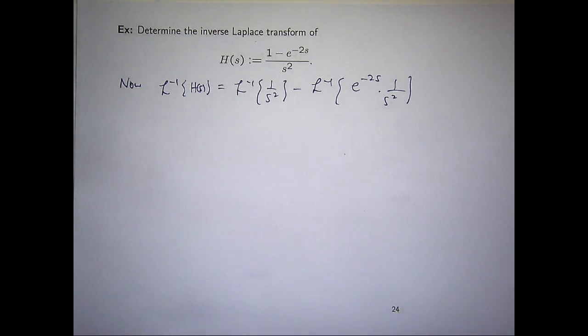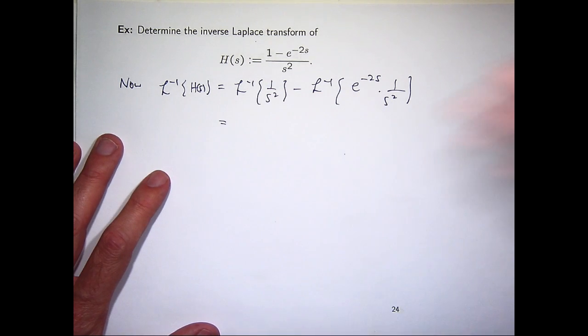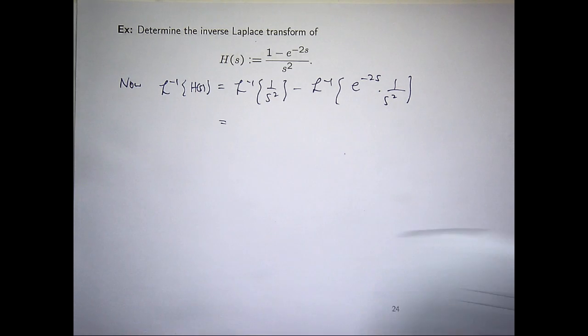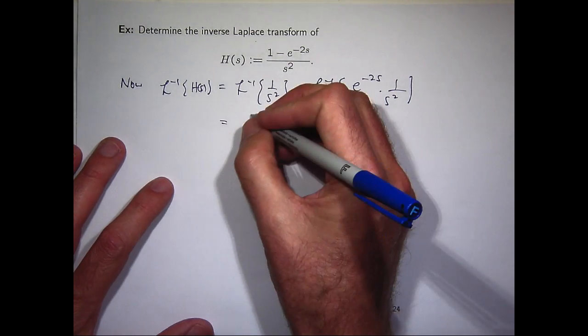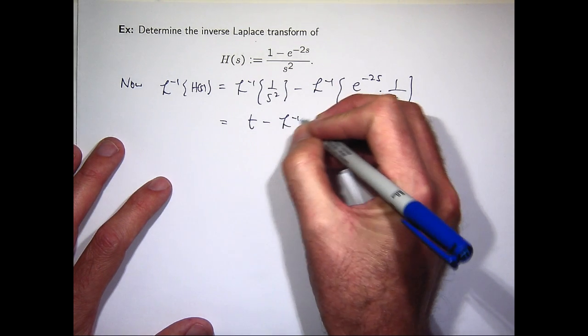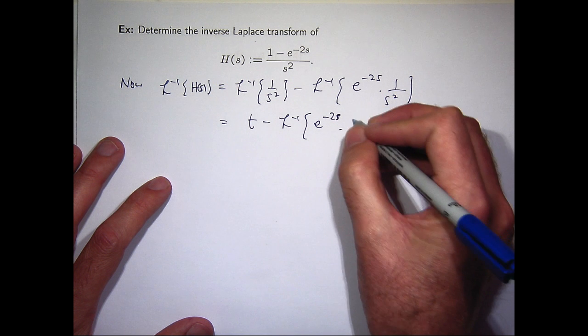I can get the first inverse transform from the table, and then in the second inverse transform, I'm going to use the second shifting theorem. The inverse transform of 1 on S squared is just t. So the interest here lies with this inverse transform.